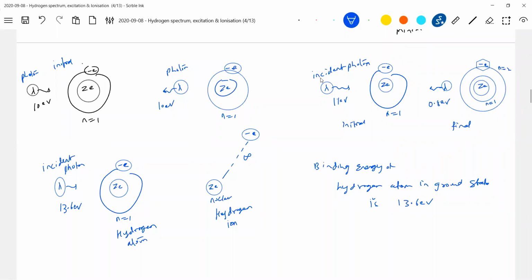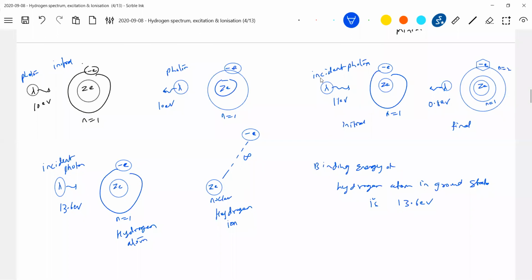So who can supply this energy? The electron. I'll make the electron accelerate through a potential difference of 13.6 volt. Then it will acquire this much energy, and when the electron collides with the hydrogen atom, it will supply this. So what is the ionization potential for the hydrogen atom? 13.6 volt. What is the excitation potential for the hydrogen atom? 10.2 volt. So I can supply energy through a photon or an electron.